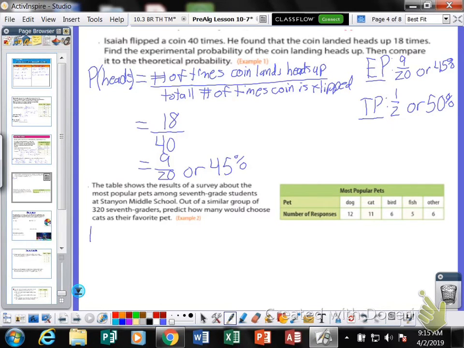We have probability of cat, and that's going to equal the number of students who chose cat over the total number surveyed.